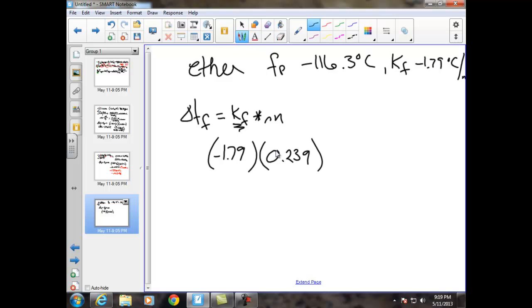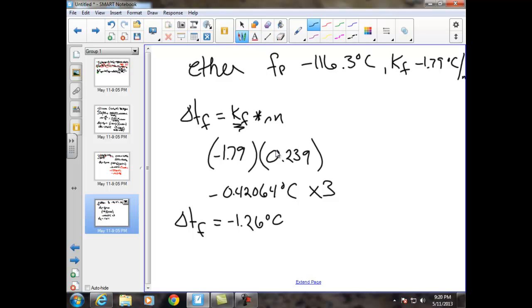Negative 1.79 times 0.239 gives me negative 0.42064 degrees Celsius as my temperature change. Times the 3 ions that this actually turns into, I get a temperature change for ether, if I dissolved my 62.5 grams of barium nitrate into ether, of negative 1.26 degrees Celsius.